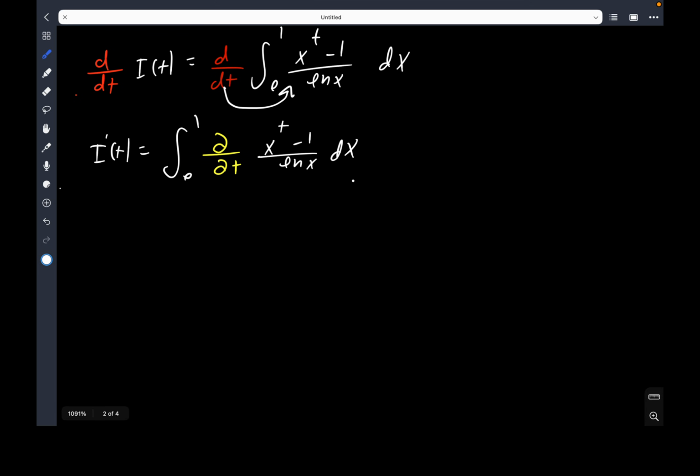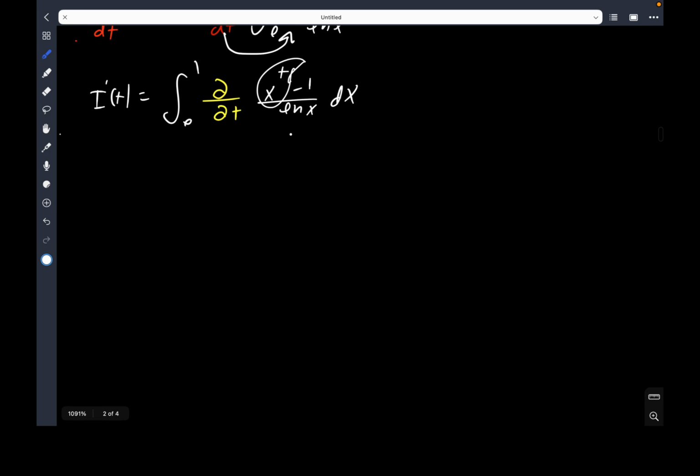And what does partial derivative mean? This curly little symbol means that we should consider x constant and just differentiate with respect to t. So the minus 1 here and the 1 over ln x are constants with respect to the differentiation, and only x^t we should differentiate. Thus, I prime of t is the integral from 0 to 1, and the negative 1 is a constant, so it goes away.